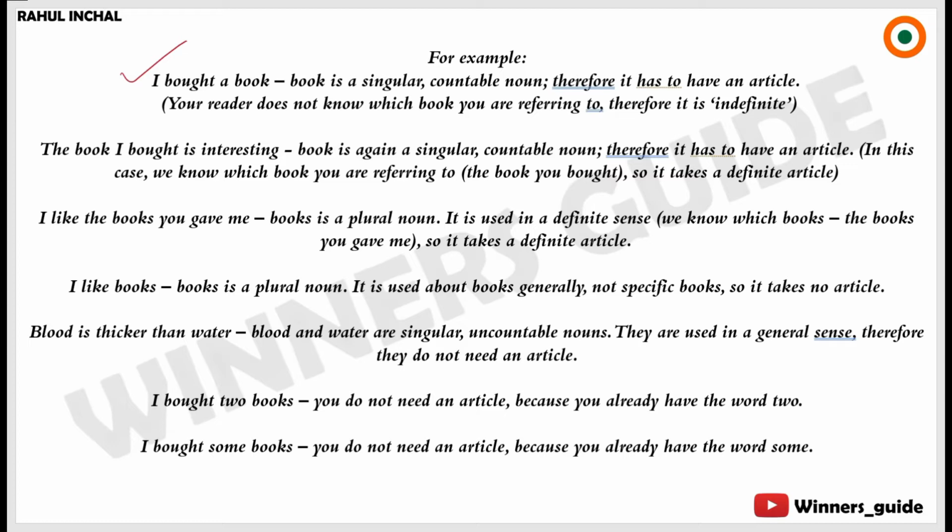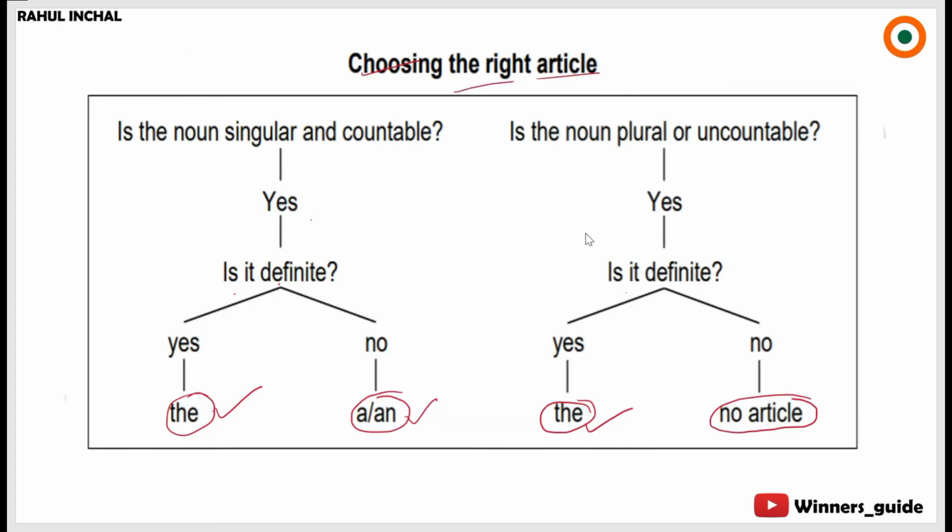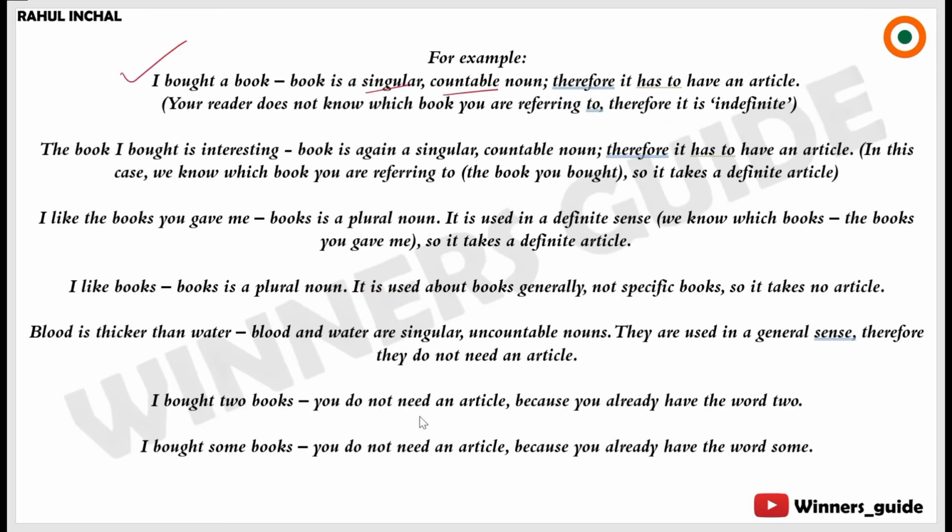So, this is indefinite. But we have a singular countable noun. Going back to the table, is the noun singular and countable? Is it definite? Since we know it's not definite, we use a or an. Is that table now making any sense to you?